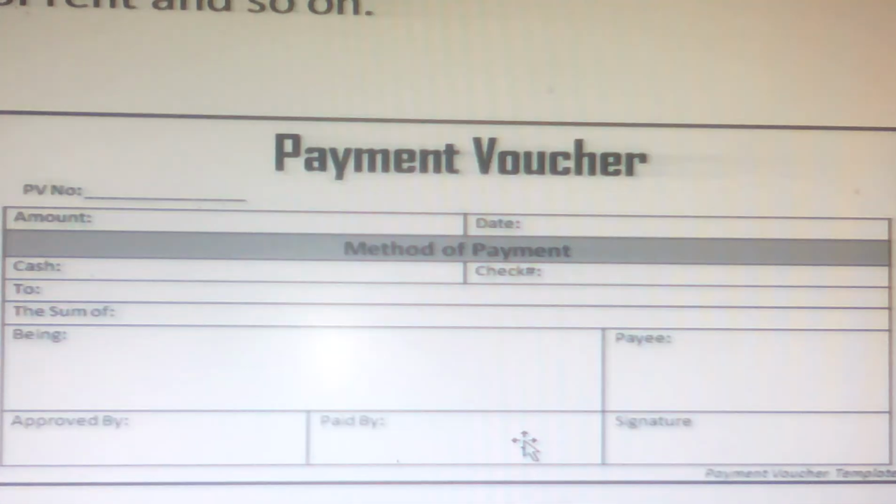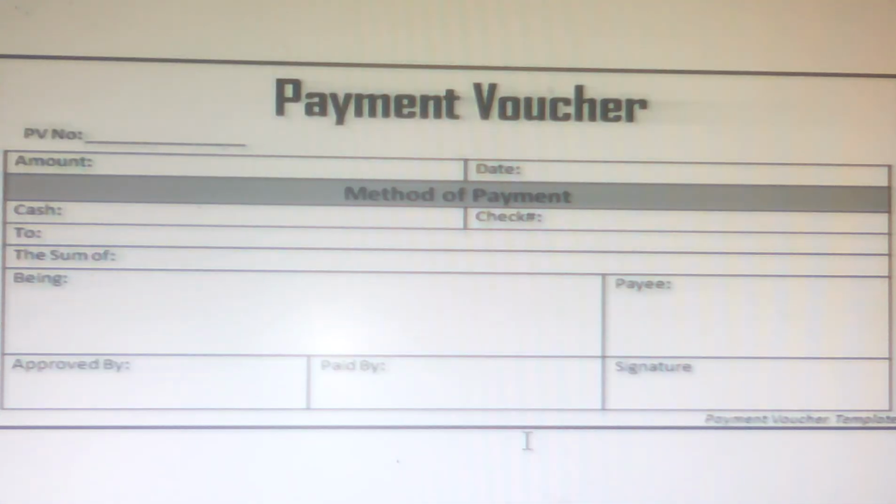Here is the format I showed to you, the payment voucher. For any payment, you mention the amount and date, then whether it is cash or check, the method of payment, then whom we are going to pay, and the money value.